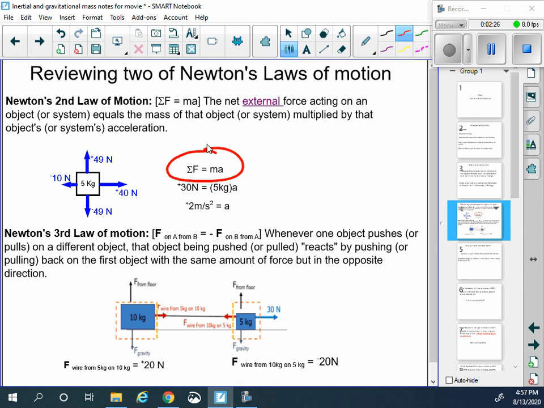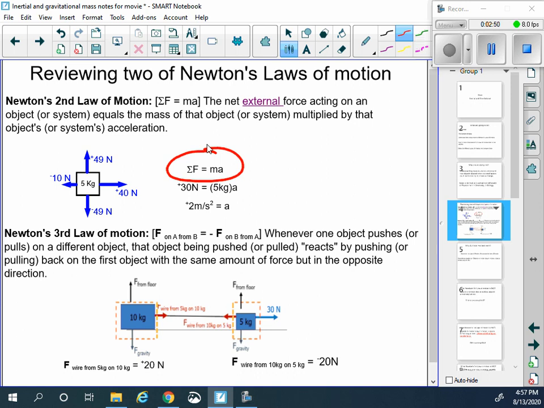Newton's third law is that classic action-reaction situation, where whenever one object pushes on a different object, so whenever object A pushes on object B, B reacts by pushing back on A just as hard, but in the exact opposite direction.